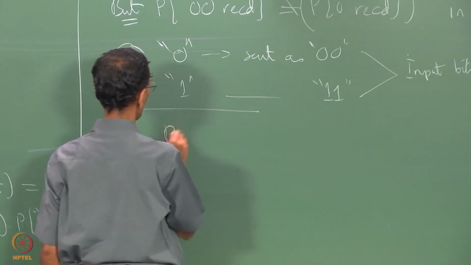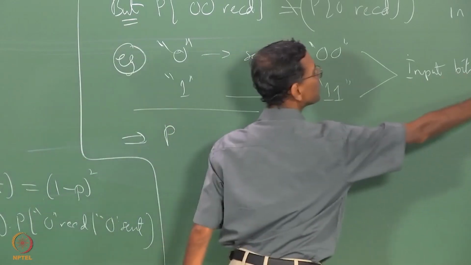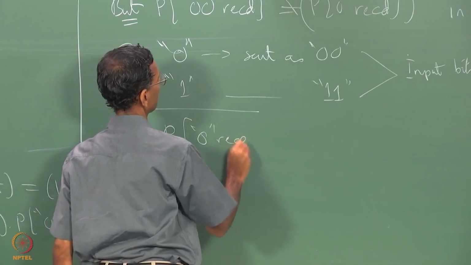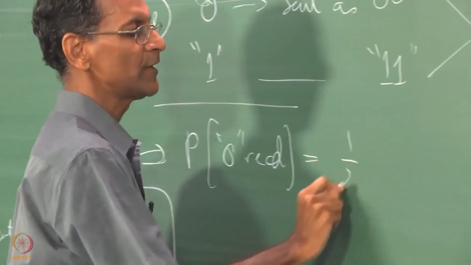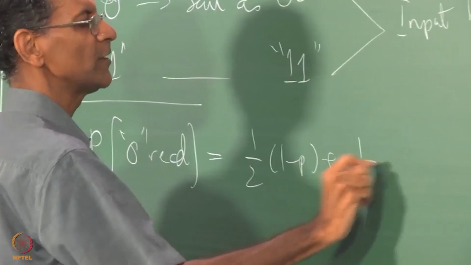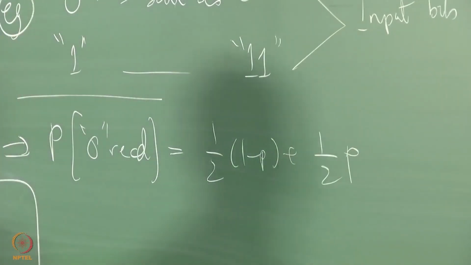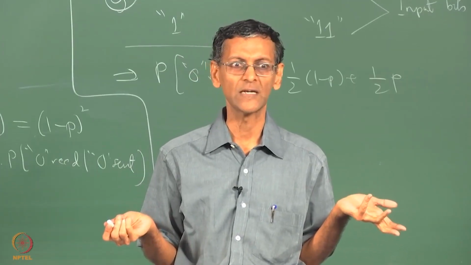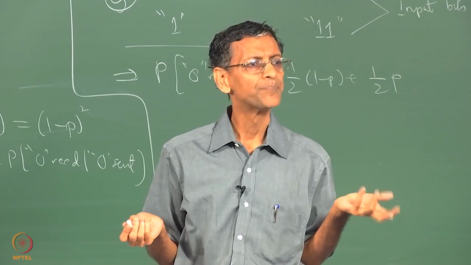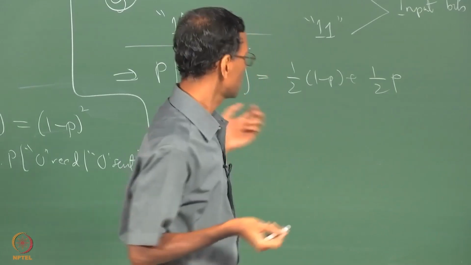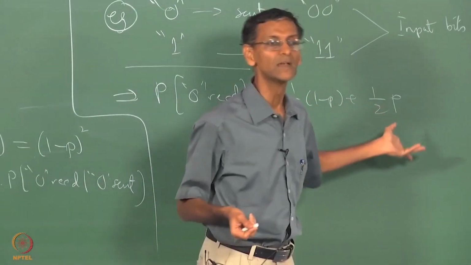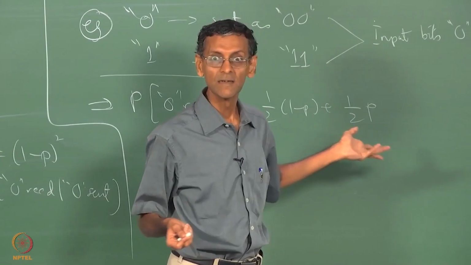Since the input bits are equally likely, the probability of receiving 0 is half into 1 minus p plus half into p. How did I get that? This is just using the formulas we did earlier this week. We condition on the input bit being a 0 or 1 and write this out. So what is this going to be? This is half, isn't it?